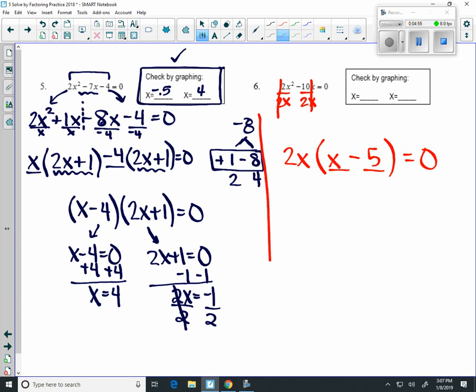So I don't have two sets of parentheses like I did in the last problem, but I do have two terms I can set equal to 0. 2x is equal to 0, and so is x minus 5. That's multiplication, just like we had multiplication here in that last problem. So I can set both of these equal to 0, just like I did with all the rest of the problems here.